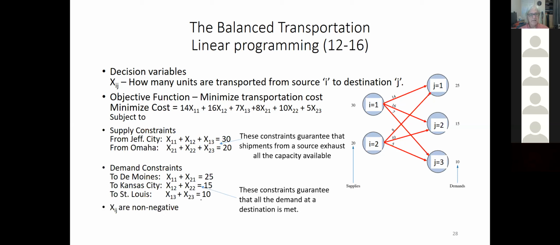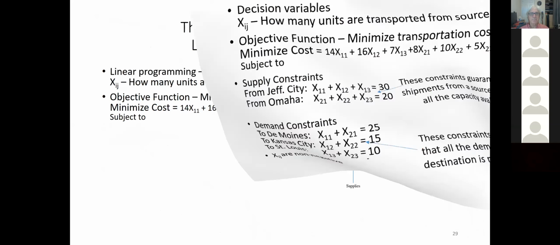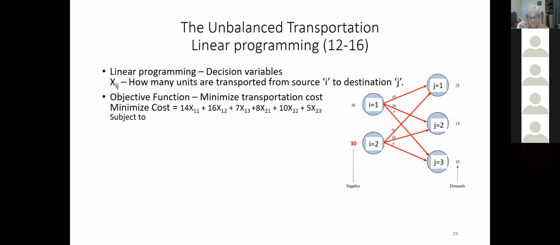Here is an example of an unbalanced problem. Look what I did. I changed the supply in Omaha from 20 to 30. This may occur if a new technology has been introduced, if another shift is introduced, or if there is more recruitment of workforce.